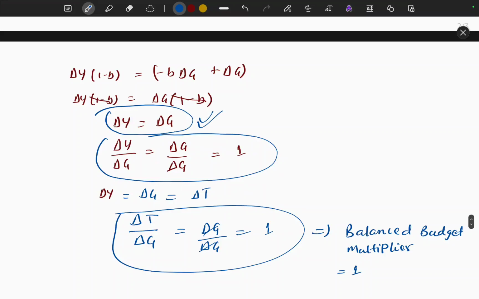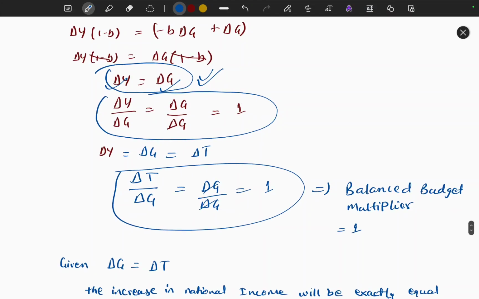This is the increase in national income, which is equal to the increase in government expenditure.